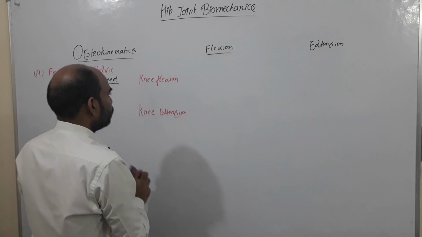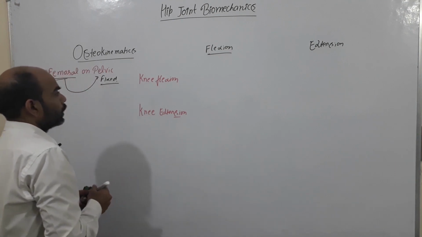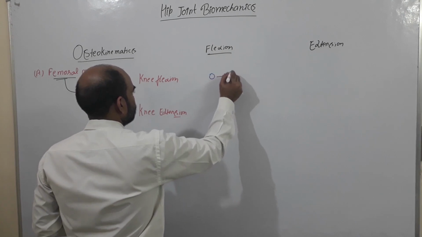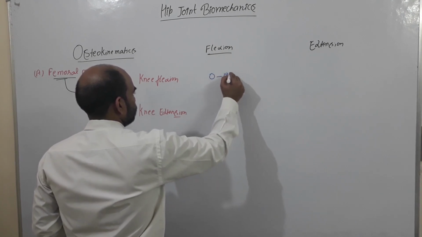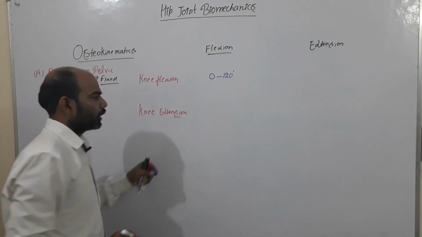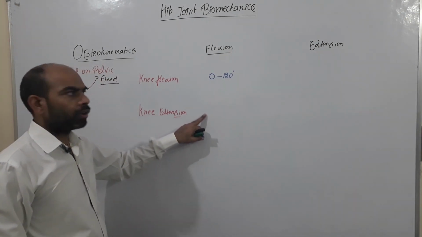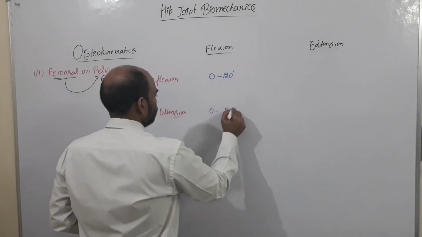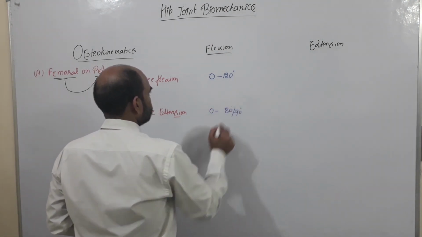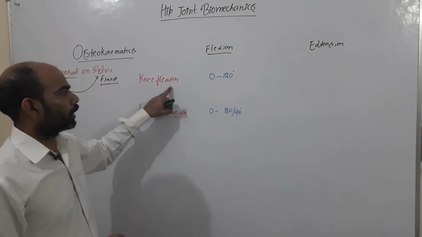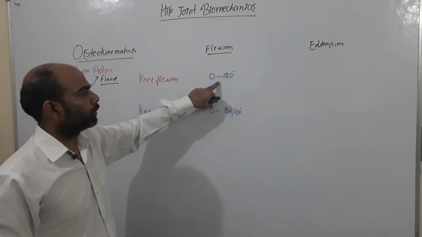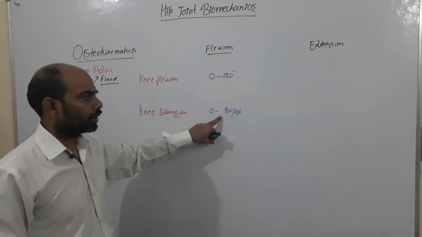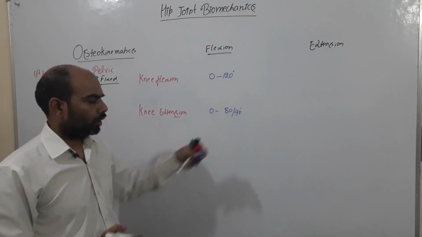If knee joint is in flex position, the range of motion of hip flexion is around 0 to 120 degree. If knee joint is in extension position, the range of motion of hip flexion is around 0 to 80 or 90 degree.